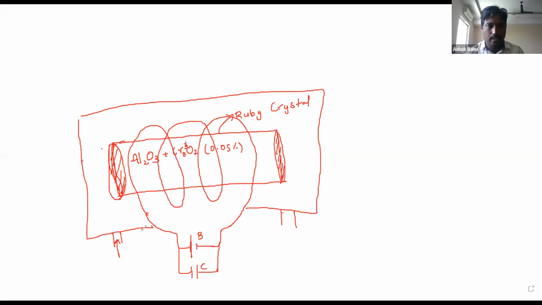This is the inlet and this is the outlet. Liquid nitrogen or cool water are used as a coolant. Same thing here also, this is a cooling chamber.